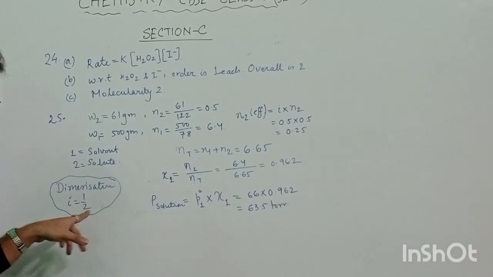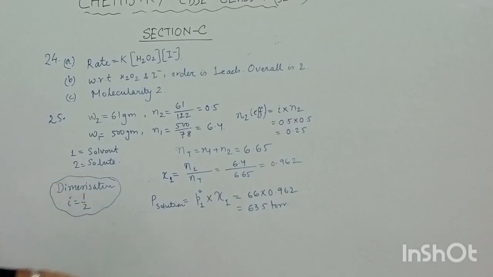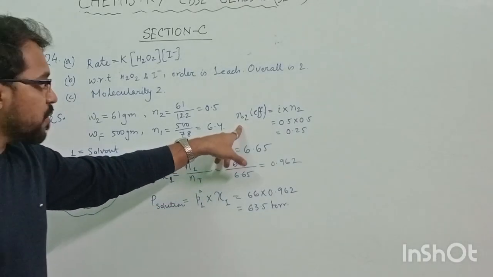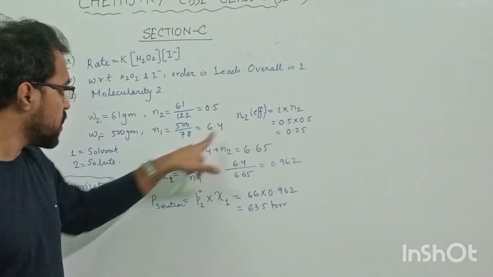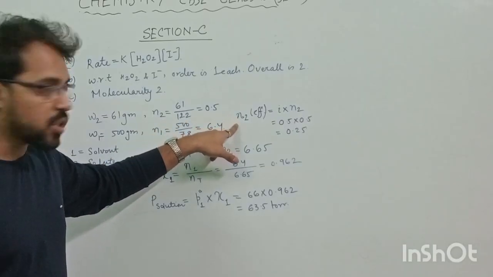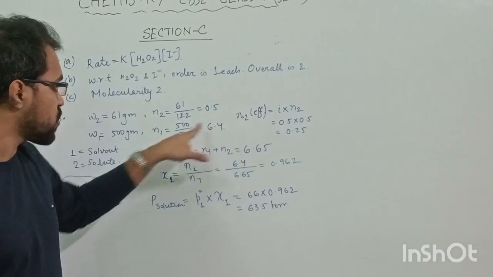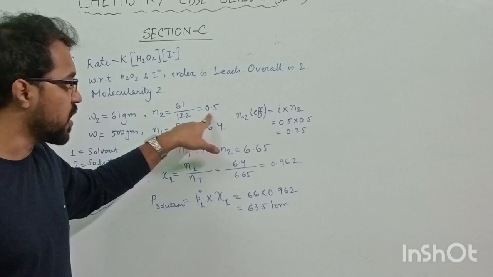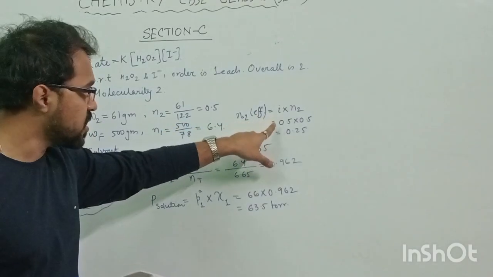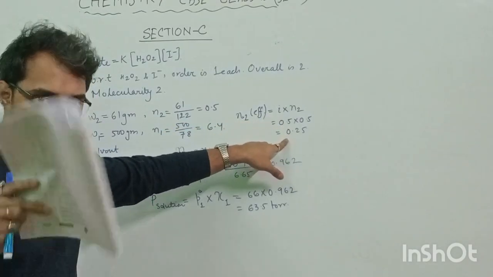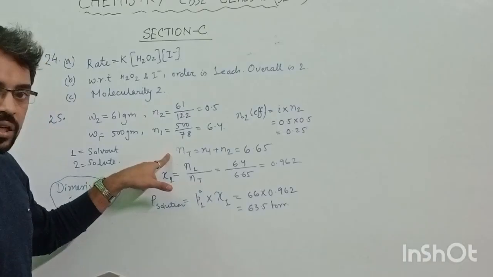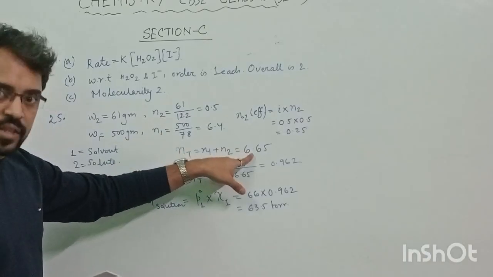The effective number of moles of solute will not be 0.5 then, because we have to consider i, so 0.5 into 0.5 is 0.25. Then the total is N1 plus N2, that is 6.65.